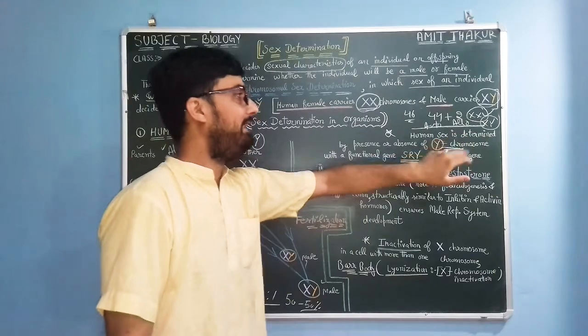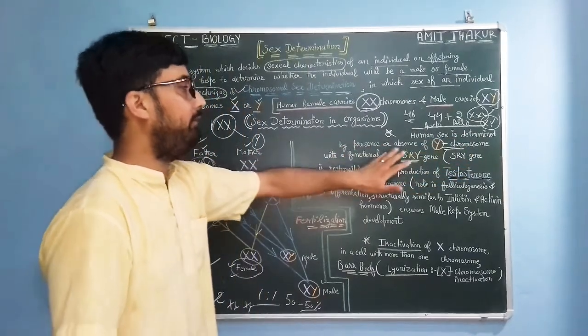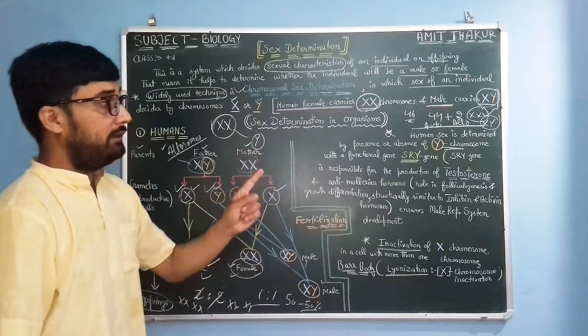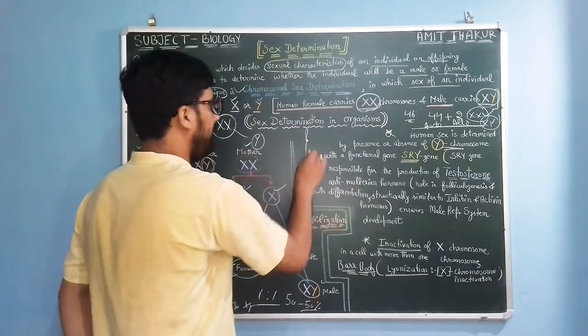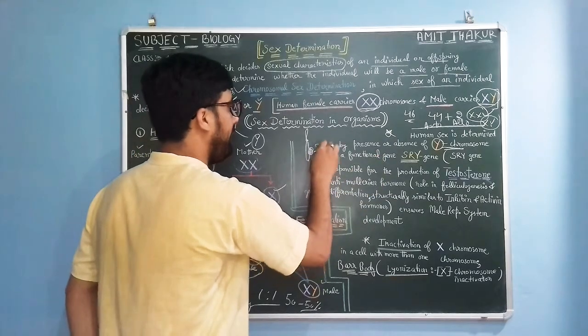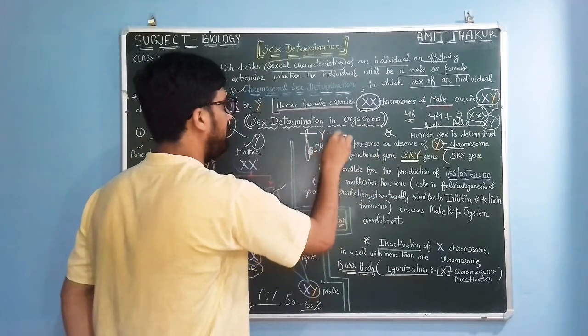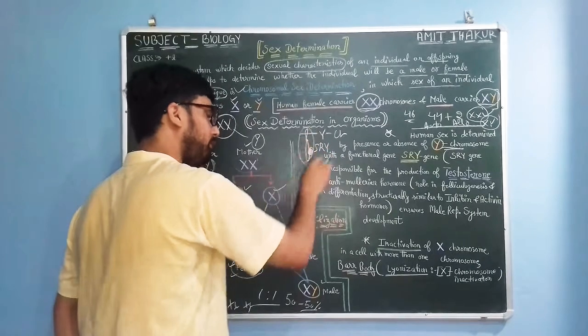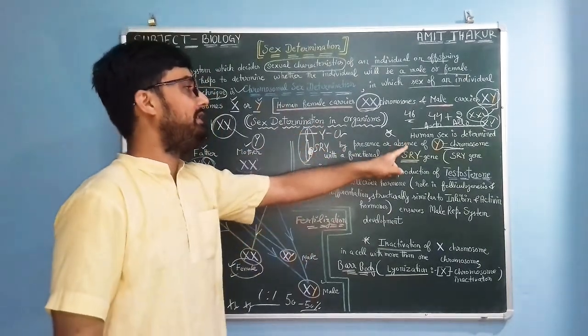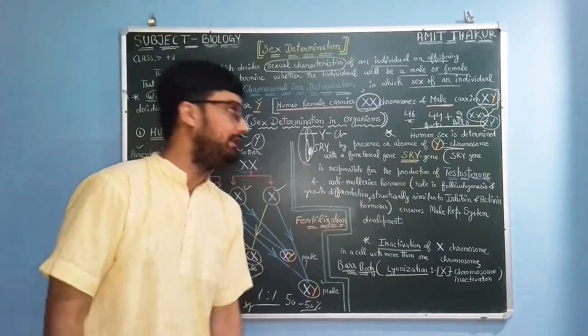Okay, so human sex is determined by the presence or absence of Y chromosome. This Y chromosome has a functional gene, the SRY gene. This is the Y chromosome, and this Y chromosome carries this gene named SRY gene.